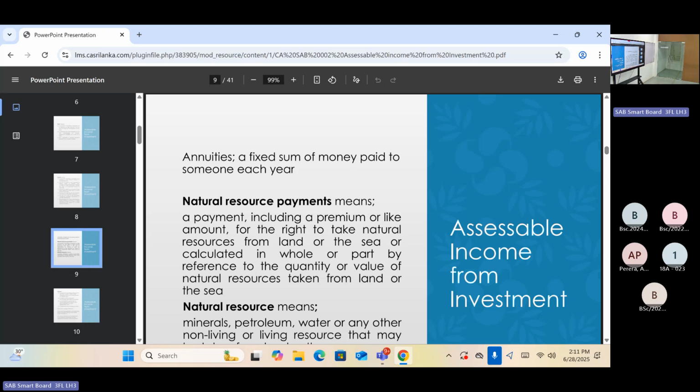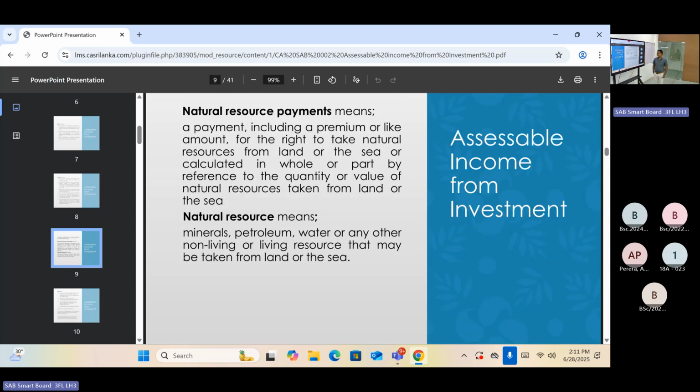So getting the resource from the land or the sea goes as payment for natural resource. So what is meant by natural resource? Mineral, petroleum, water, or any other non-living or living resource that may be taken from land or sea.